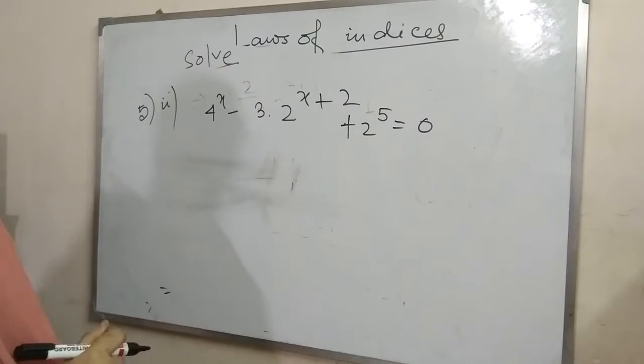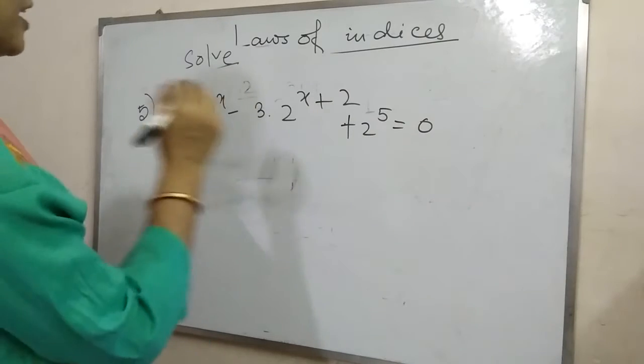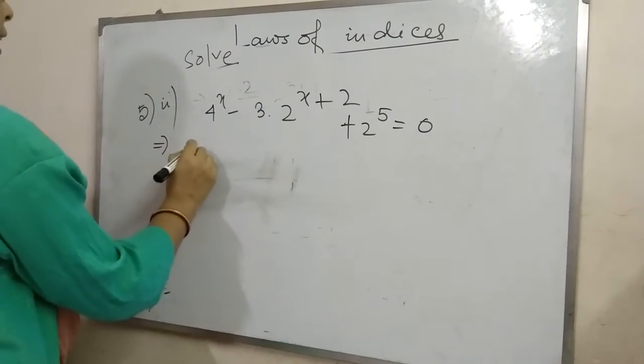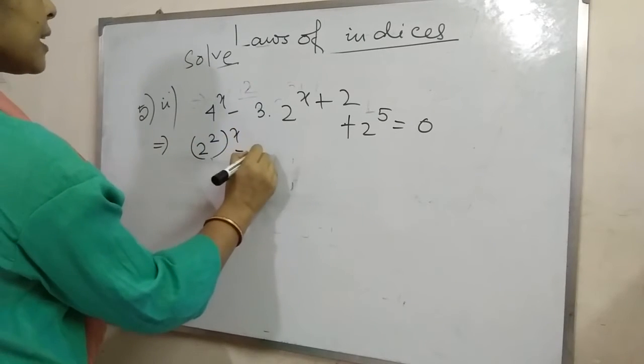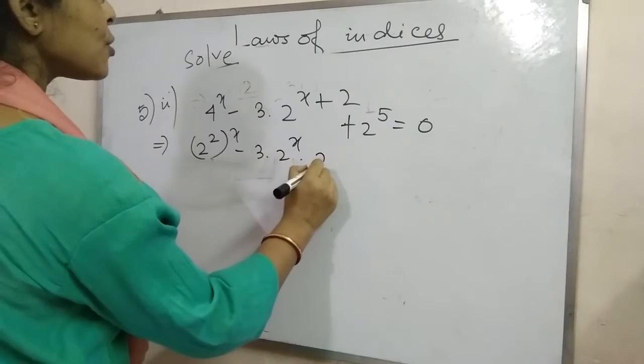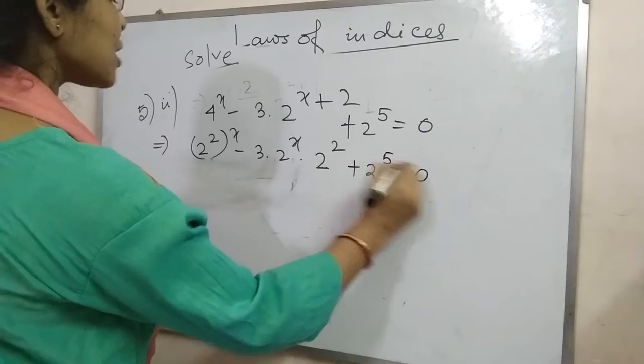From here I have to find x. I can write it 2 to the power 2x minus 3 into 2 to the power x into 2 to the power 2 plus 2 to the power 5 equal to 0.